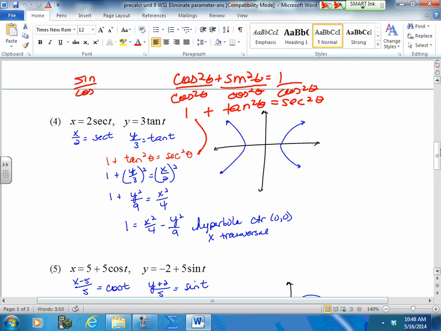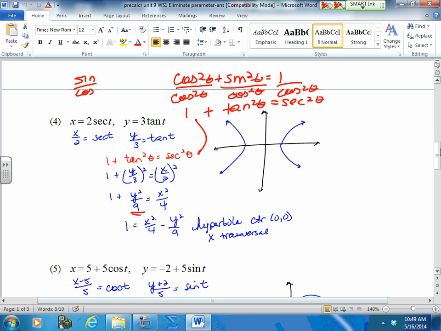And you just have to manipulate the pieces and set them up so that they fit in. So now plug in your tangent, plug in your secant, square it. You remember that everything is on the same side, so you subtract this guy to the other side, and you have a hyperbola. If you graph these, you can see the hyperbola. Really, when you have a parametric, put it in your parametric mode and graph it.